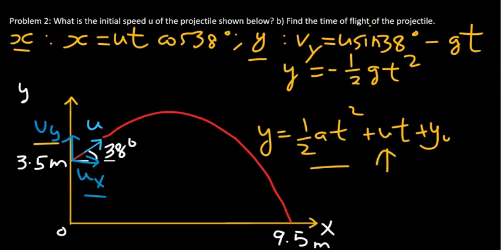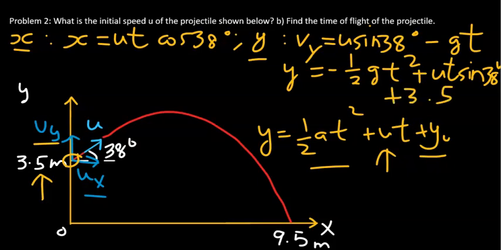Now u is uy, so it is ut sine 38 degrees. And y naught is the coordinate of y at t equals 0. The motion begins here. So the initial coordinate of y for this projectile is 3.5. So do not forget that 3.5.